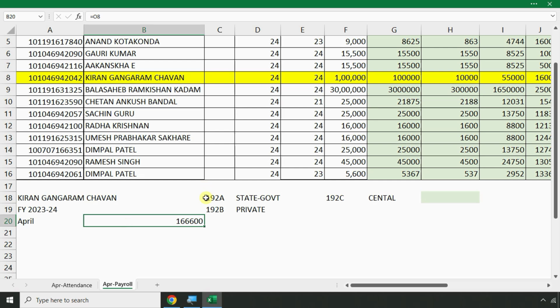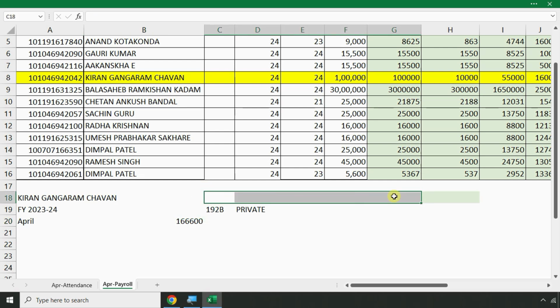Why did the government start TDS on salaries? Why did the government start collecting TDS on salaries?